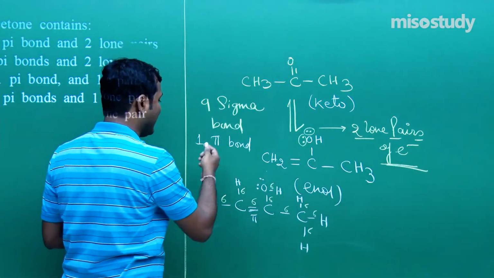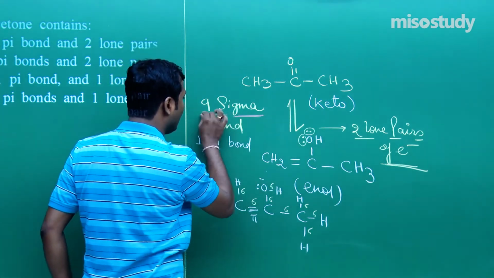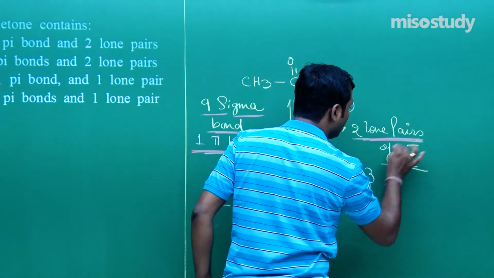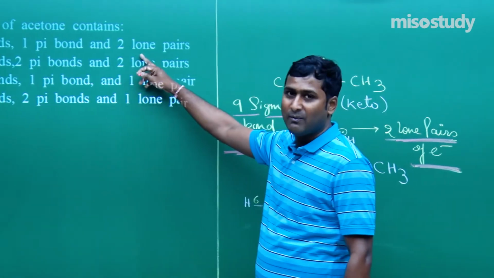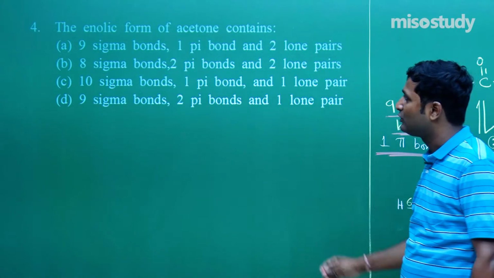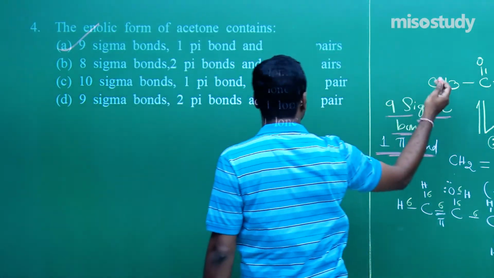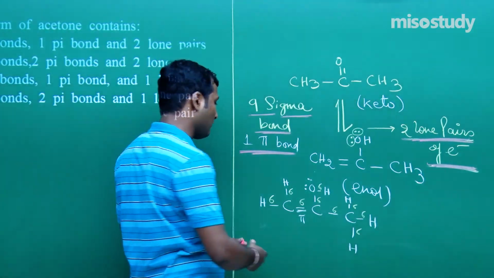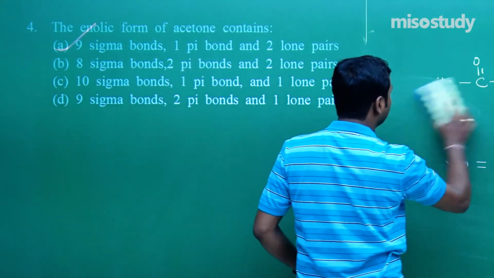So the complete answer is 9 sigma bonds, 1 pi bond and 2 lone pairs of electrons. So for question number 4, A is the correct option. Again, 9 sigma, 1 pi and 2 lone pairs of electrons. So friend, I'm going to rub this part and we'll discuss the next one.